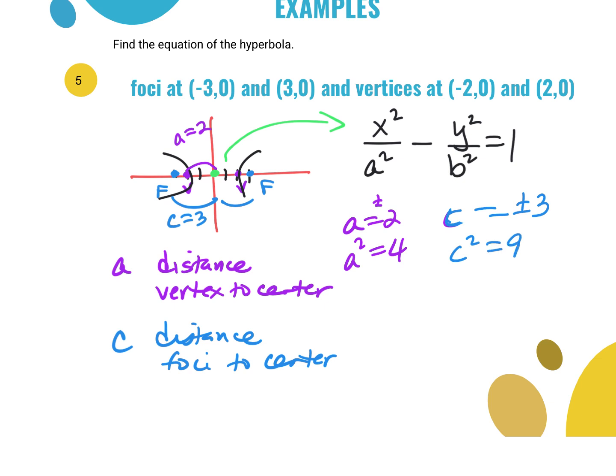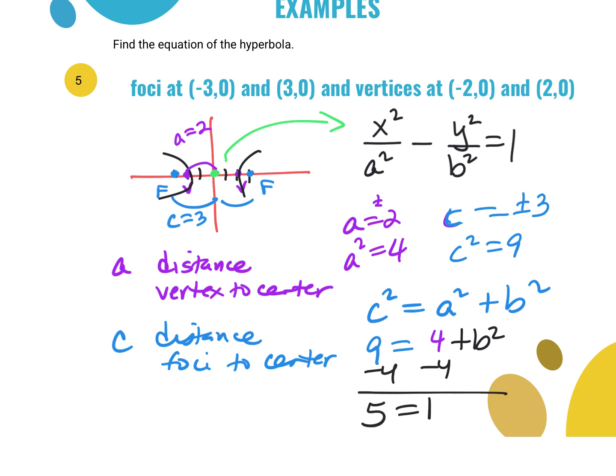Now, I don't need c squared for my formula, but I need to use the c value to find b. And I'm using c squared equals a squared plus b squared. So c squared is 9, a squared was 4. I don't know the b squared, so I'm going to subtract 4. 5 equals b squared.